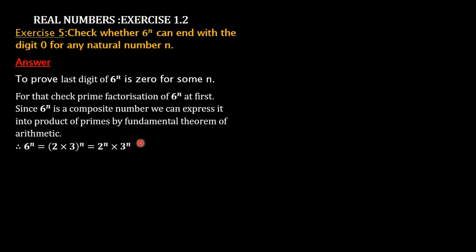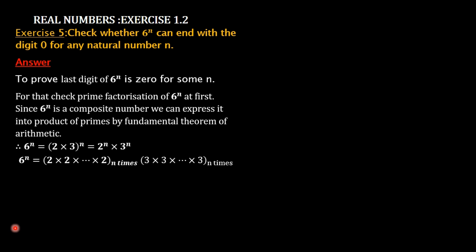Why? 2 cube is a product of 3 2's, 3 square is a product of 2 3's. Like that, here we have a product of n 2's and a product of n 3's. So decomposing, we get 2 into 2 into 2, n times, 3 into 3 into 3, n times. These are the prime factorization of 6 raised to n.